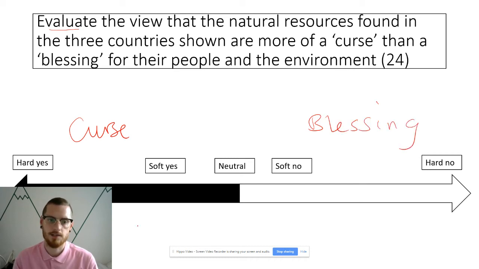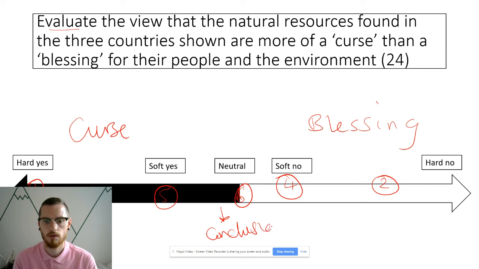Now let's say you had 6 points here, okay, that let's say point 1 is up here, your second point was about here, your third point's like here, your fourth point's down here, your fifth point's here, your 6 points more here, and then this would feed into an overall conclusion where you make an overall judgment, okay, link it back to the exam question.